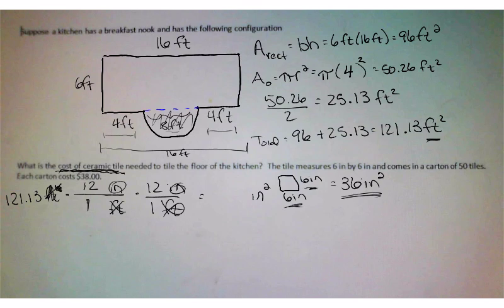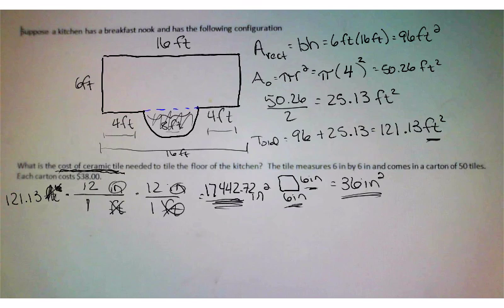So that gives me 17,442.72 square inches. Just double checking that calculation. Yes. Okay. So what we have now is our dimensions in square inches.